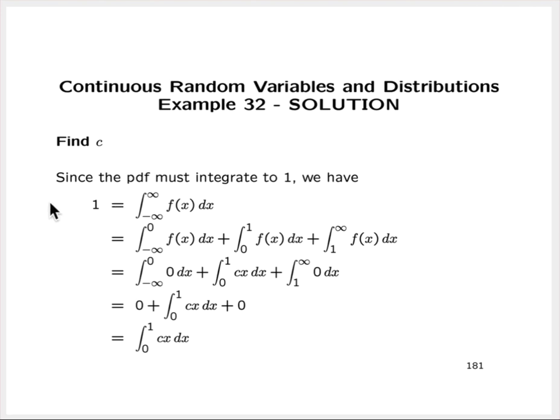Based on that constraint, we know that 1 is equal to the integral of this PDF from minus infinity up to infinity. Now I'm going to decompose the integral, and in particular decompose the real line, the interval over which we're evaluating this integral, into 3 subintervals: from minus infinity up to 0, from 0 to 1, and then from 1 to positive infinity.